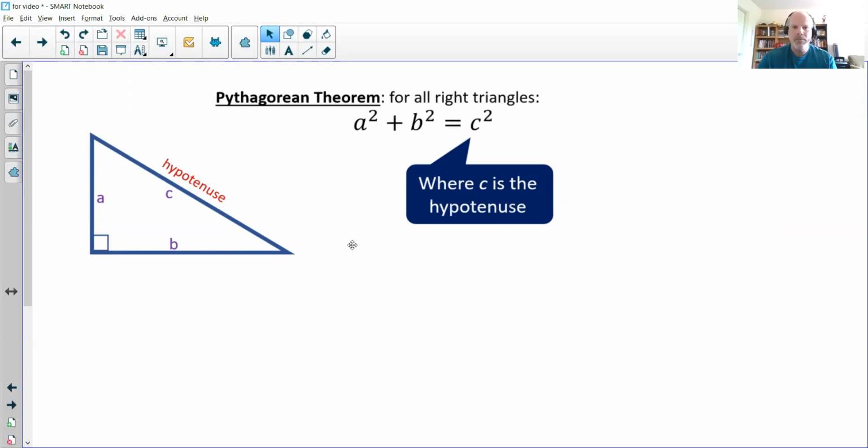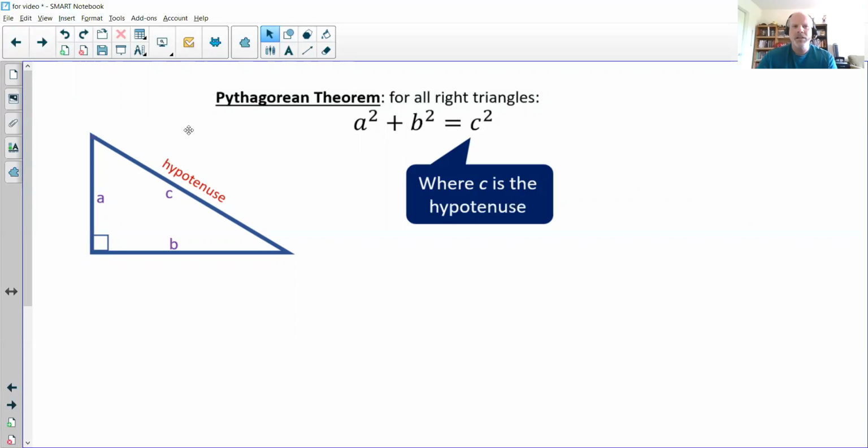Or more simply, A squared plus B squared equals C squared, where C is the hypotenuse and A and B are the legs. Now we'll look at examples in a minute to see how this works.